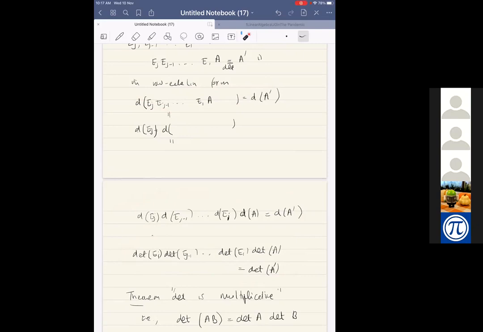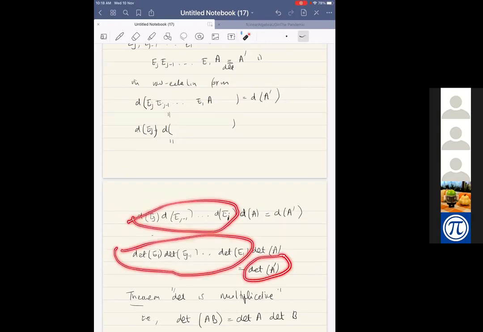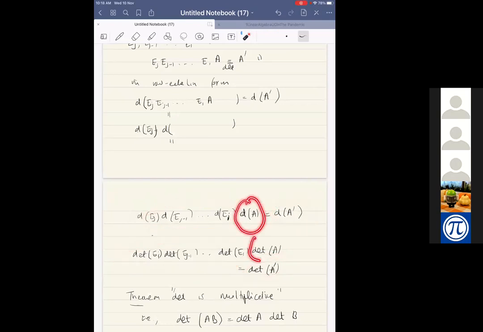That is a particular example of a D. Now, on the other hand, det and D take exactly the same values on elementary matrices and on row echelon matrices. So these values are all the same as these values, and this value is the same as this value. Therefore, this value must be the same as this value.